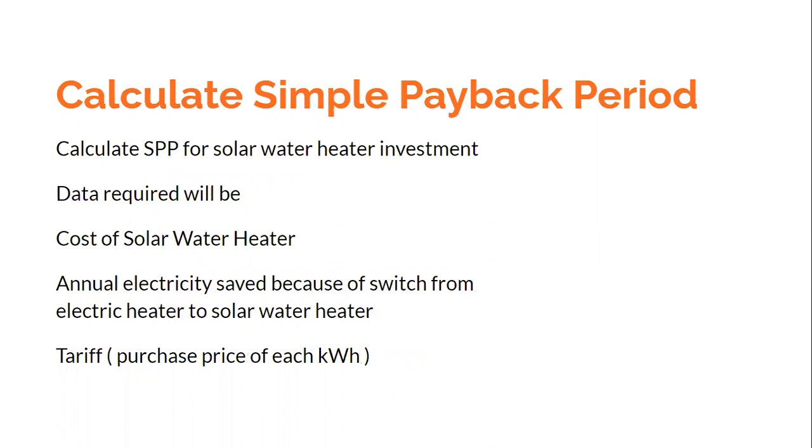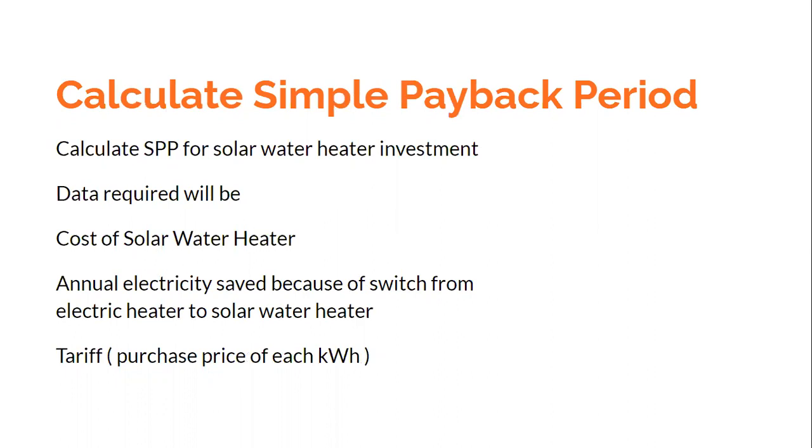Now, in order to understand this better, we take an example of a solar water heater. Suppose we want to calculate a simple payback period for a solar water heater, then what data would be required? We would need to know the initial investment of purchasing and installing a solar water heater.